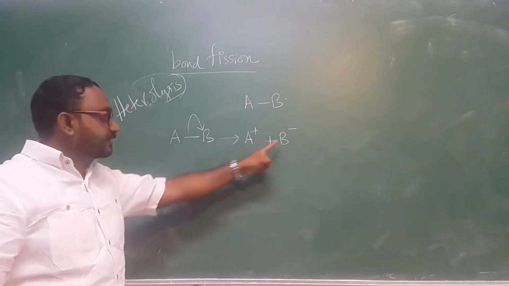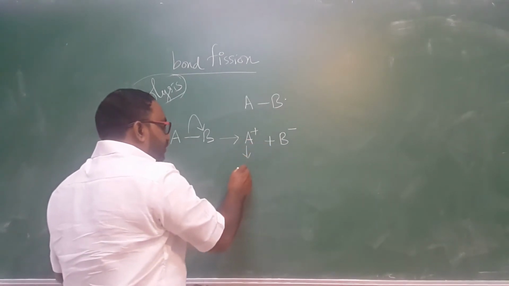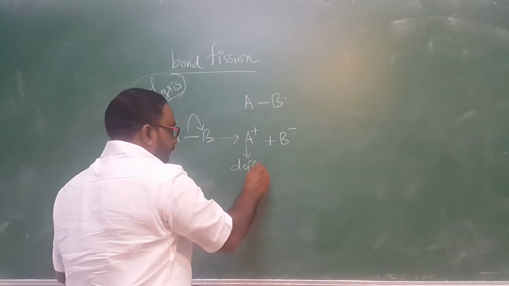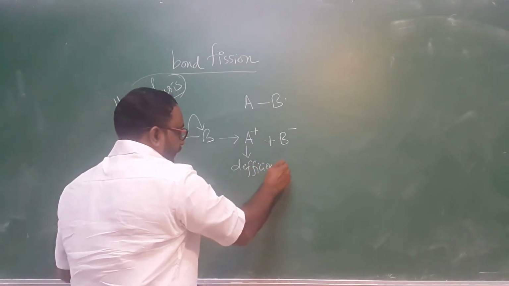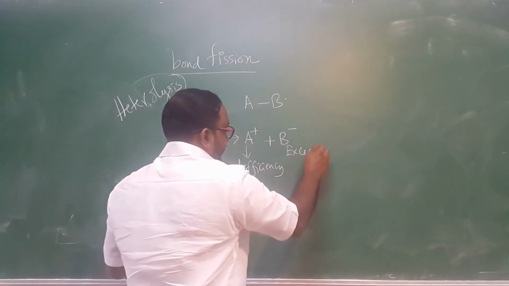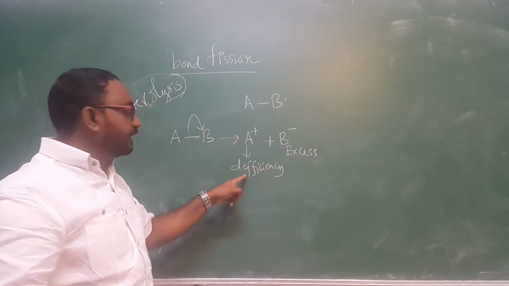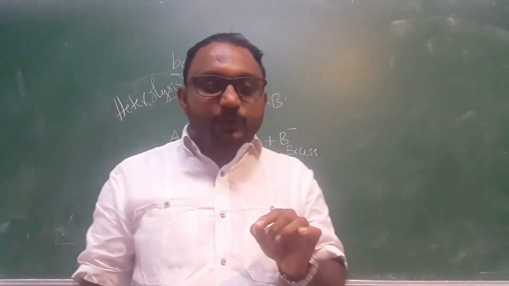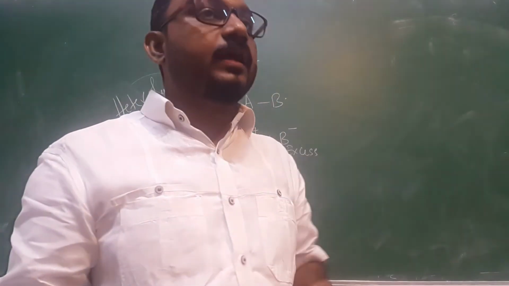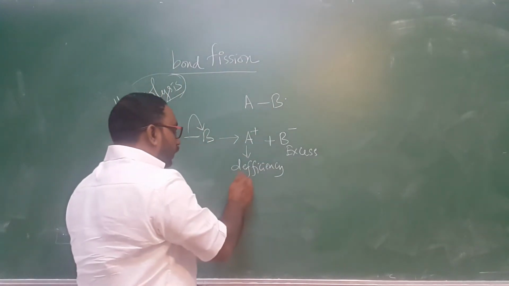Heterolysis gives A plus and B minus. Here there is a deficiency of electron cloud, and there is excess of electron density there. When there is deficiency of electron density, the species will be seeking electrons.